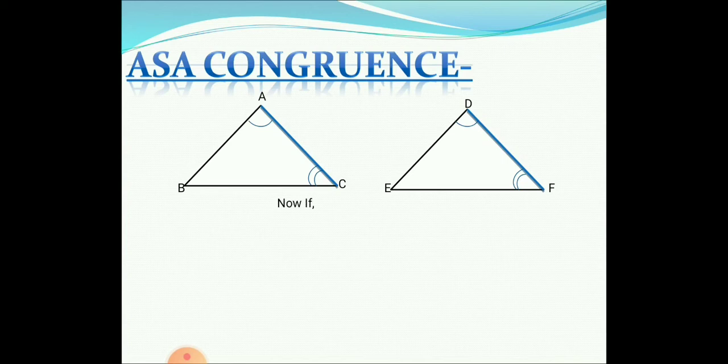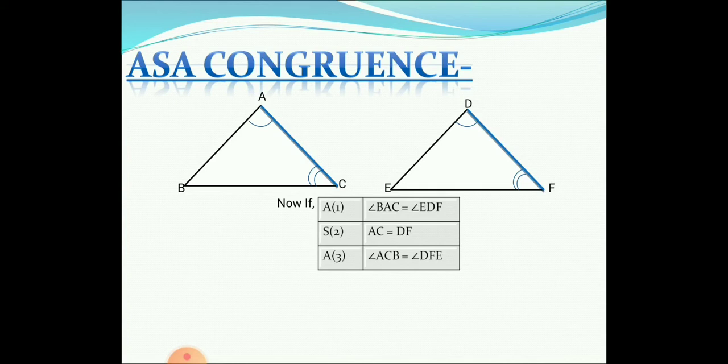See in this figure, if angle BAC is equal to angle EDF and side AC is equal to side DF and angle ACB is equal to angle DFE, then triangle ABC is congruent to triangle DEF by ASA congruence.